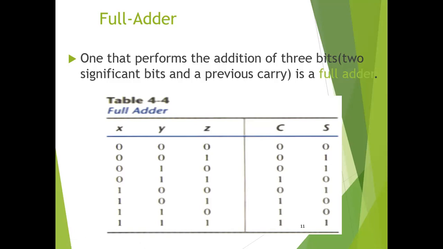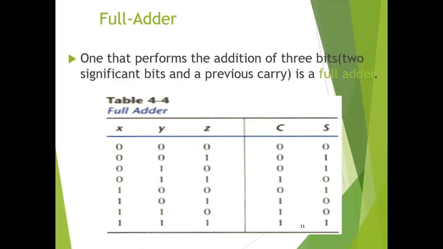The two outputs are necessary because the arithmetic sum of three binary digits ranges in value from 0 to 3, and binary 2 or 3 needs two digits to show the output. The two outputs are designated by the symbols S for sum and C for carry.